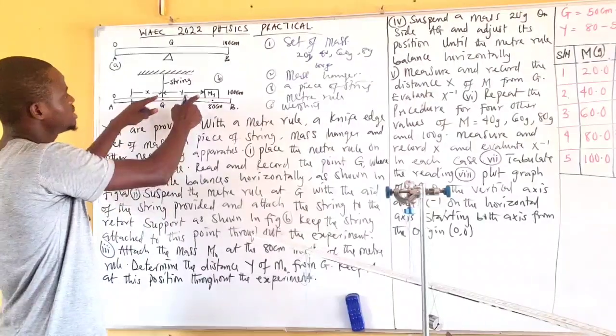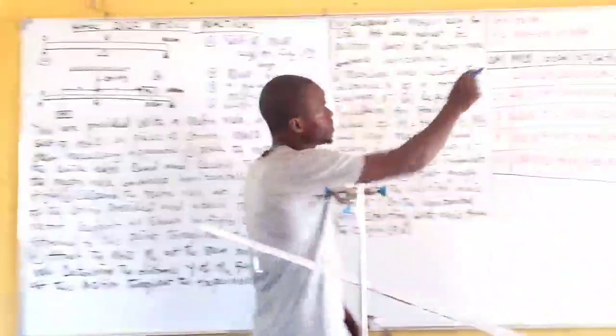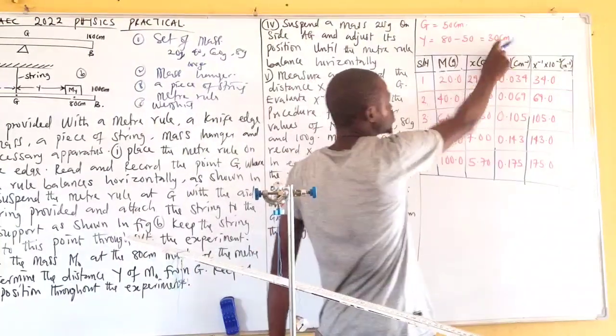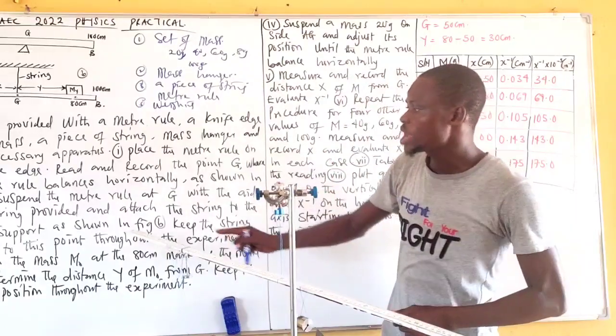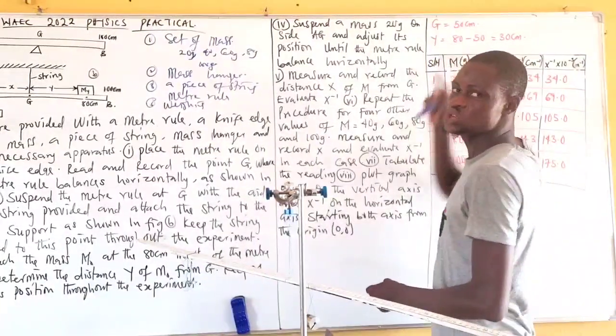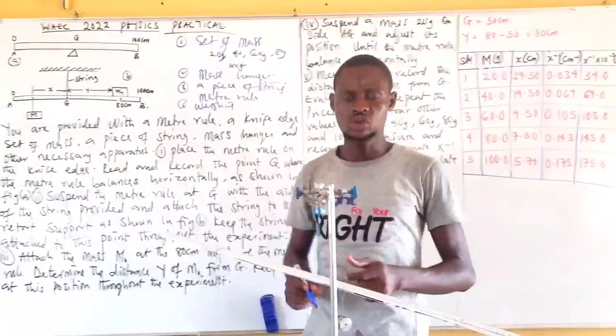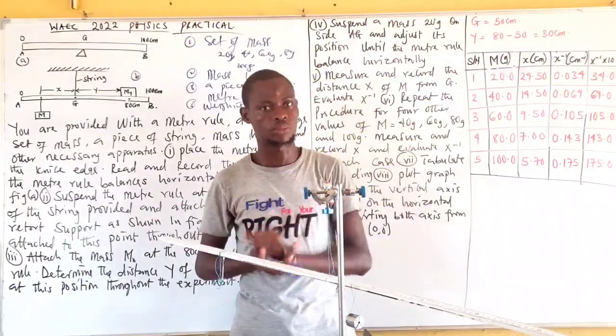When I calculated the distance, my distance y is 80 minus 50, which is equal to 30 centimeter. Please note something. Because we are asked in the question to determine it, you must write it out when you are to report your experiment. If you don't write this out, it is going to lead to deduction of your marks.